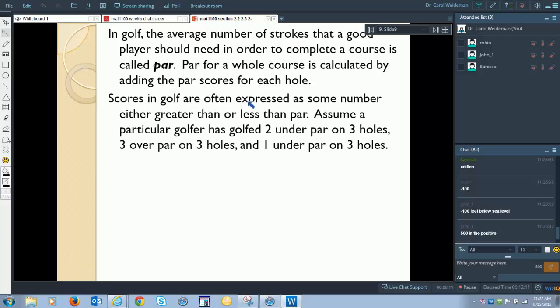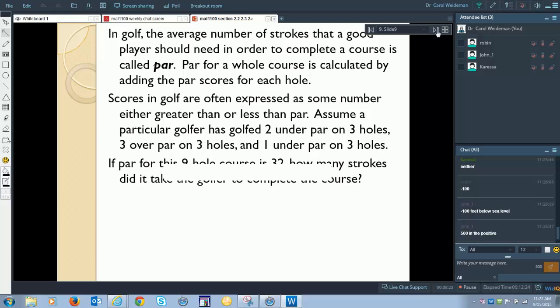So scores in golf are expressed as some number either greater or less than the par. So assume that a golfer has golfed 2 under par on 3 holes, 3 over par on 3 holes, and 1 under par on 3 holes. If the par for this 9-hole course is 32, how many strokes did it take the golfer to complete the course?